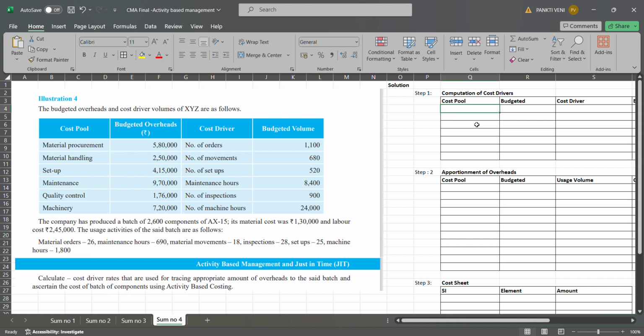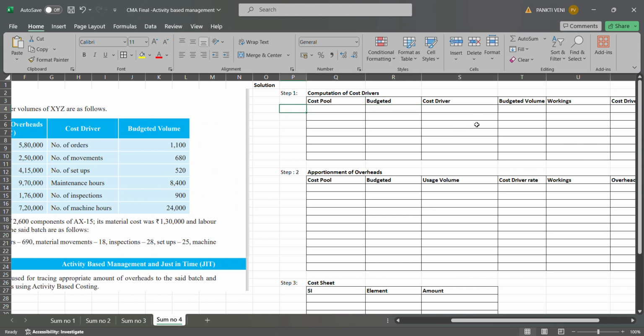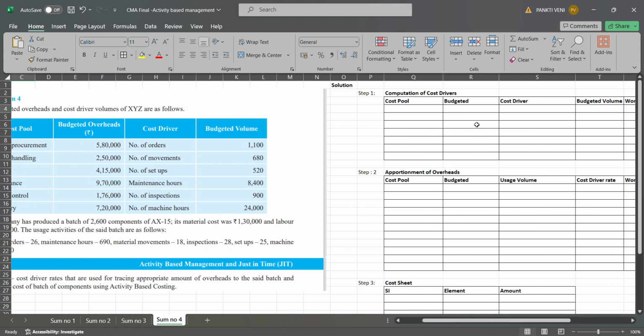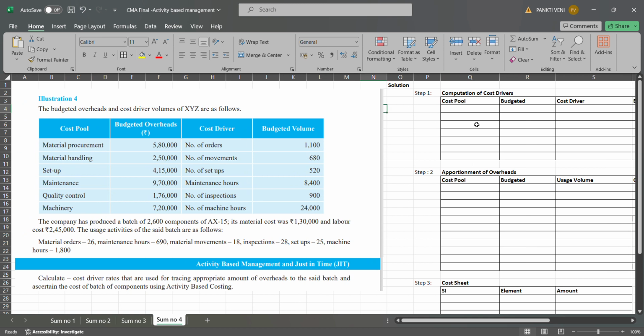So what I'll do is I'll note down my cost pool as it is from the question. Okay, let me note it down. So material procurement, then I have material handling, then I have setup cost, then I have maintenance, then I have quality control, then I have machinery.